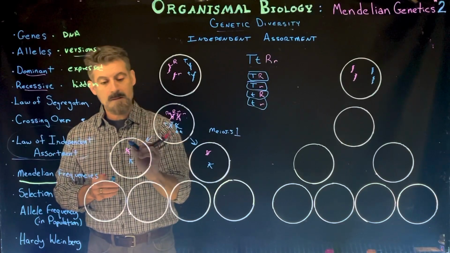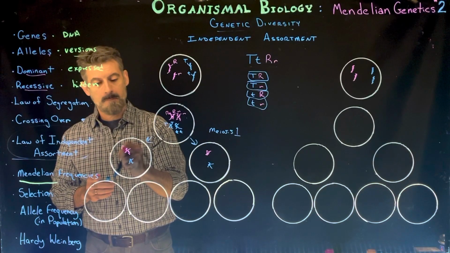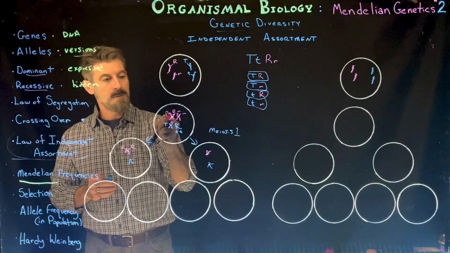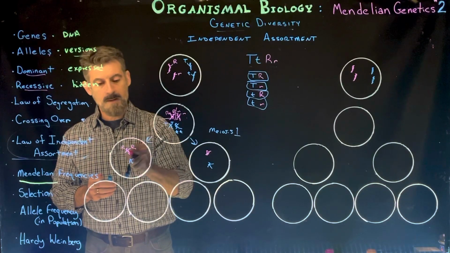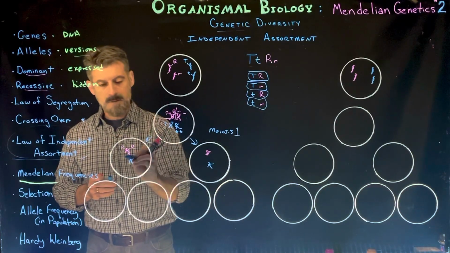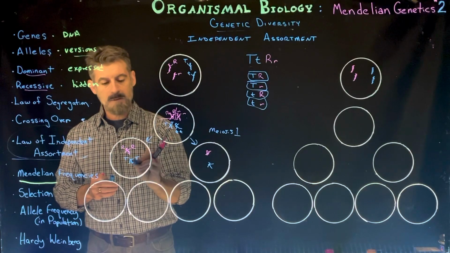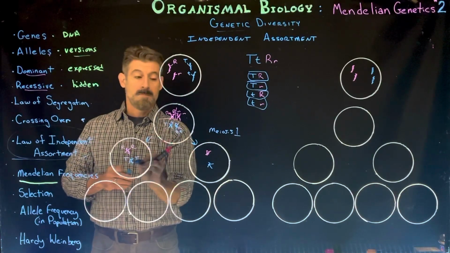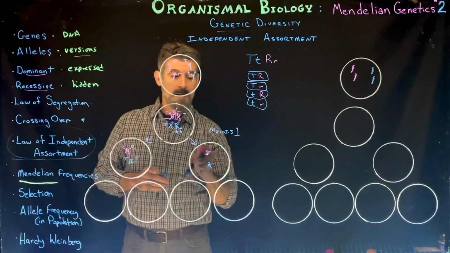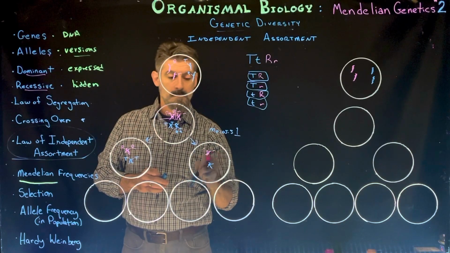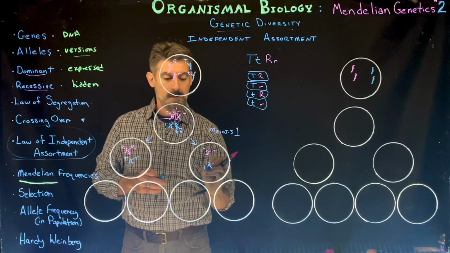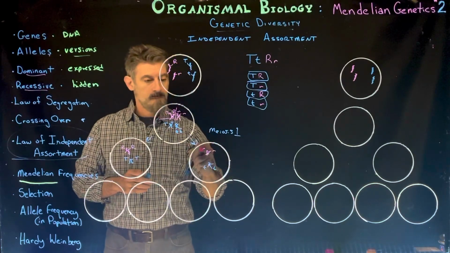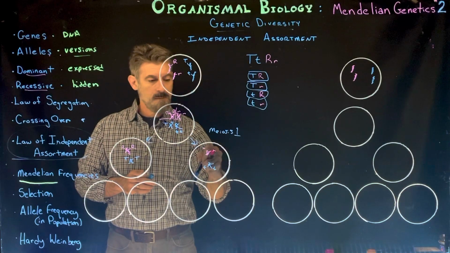Let's say the R, this one here, kind of goes this way, and then the TT, the way I drew it out. So the two dominants went over here, and then the two recessives went over here. You can see that. So these are representing the recessives.